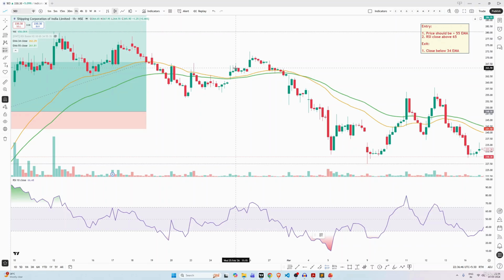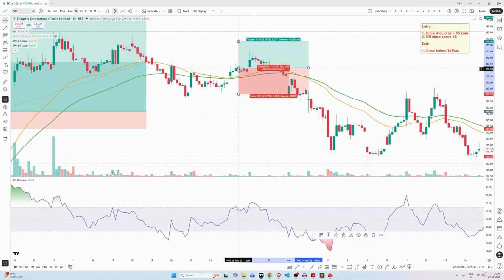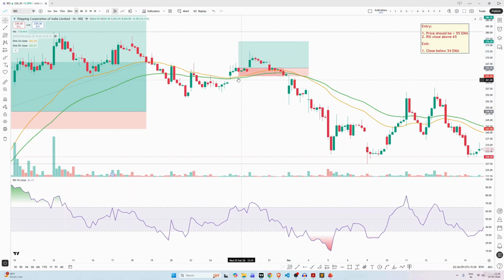After this candle closed, I will take entry on the next candle open, and my stop will be the 34 period EMA at that point of time. This was my 34 period EMA roughly, and then we will be in this trade, and the exit will be either my stop is hit or the price closes below the 34 period EMA.